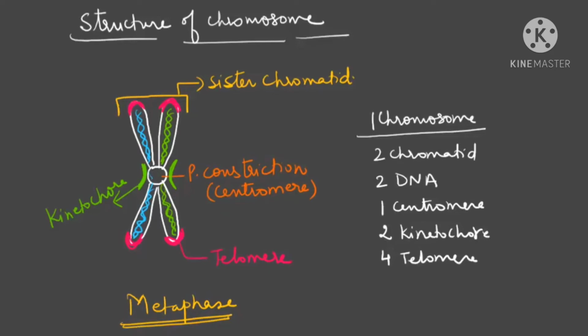Now, apart from this primary constriction, some chromosomes may also have a secondary constriction. So let me explain the diagram with the secondary constriction. This is the primary constriction, okay? And this is the secondary constriction which I have drawn.